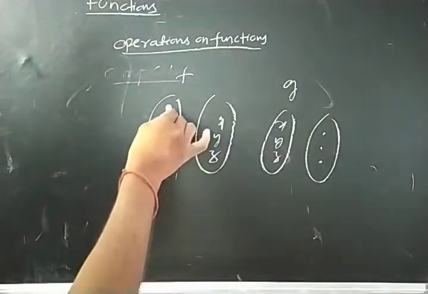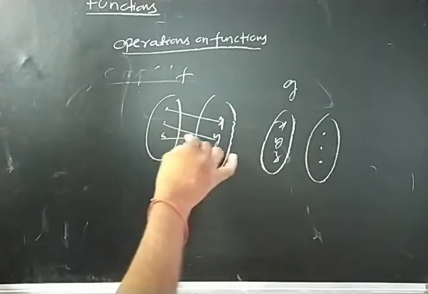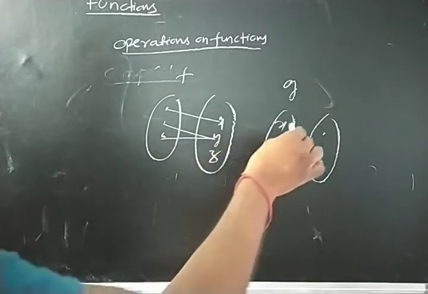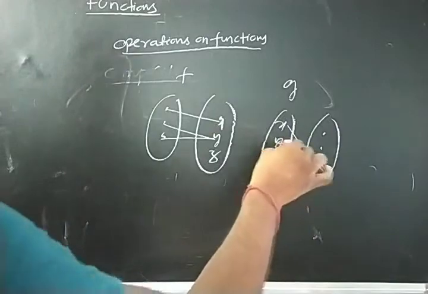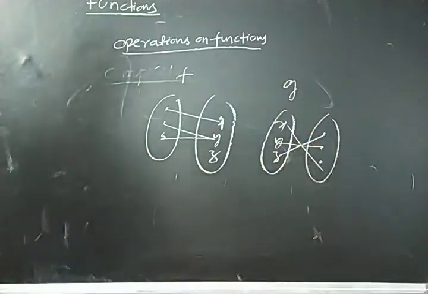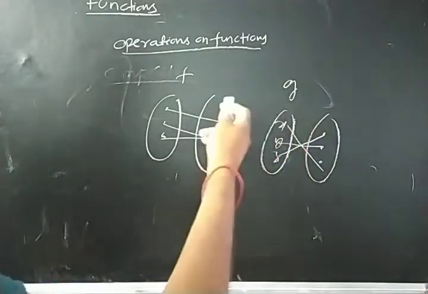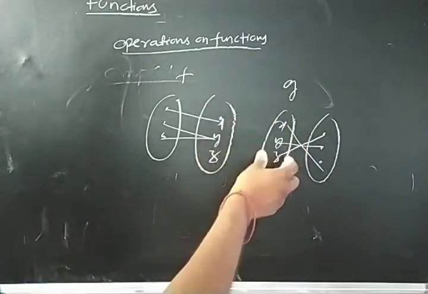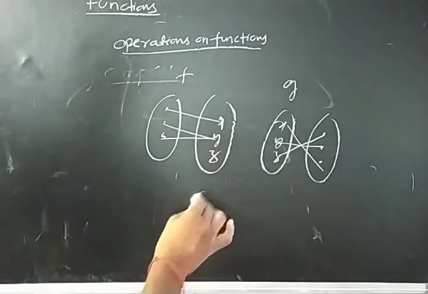Here the first element is related with x, the second element is related with y, the third element is related with y, and from g, x is related with the last element, y is related with the second element, z is related with the last element. Now observe here, the codomain of f and the domain of g are the same. So I will construct a new diagram.